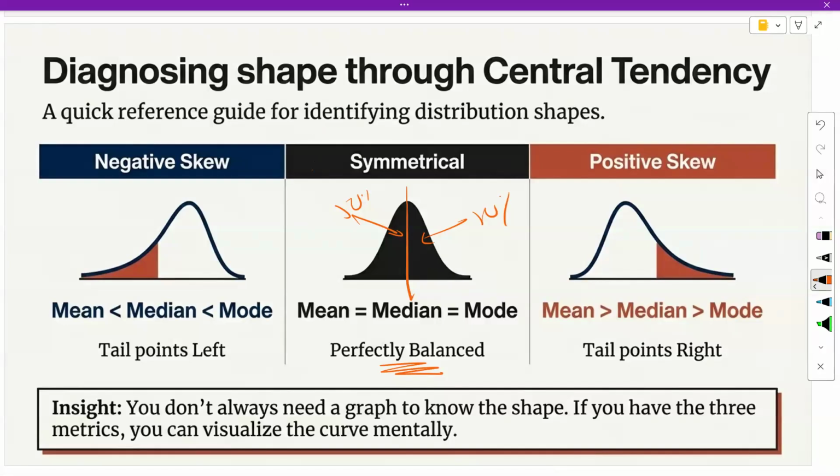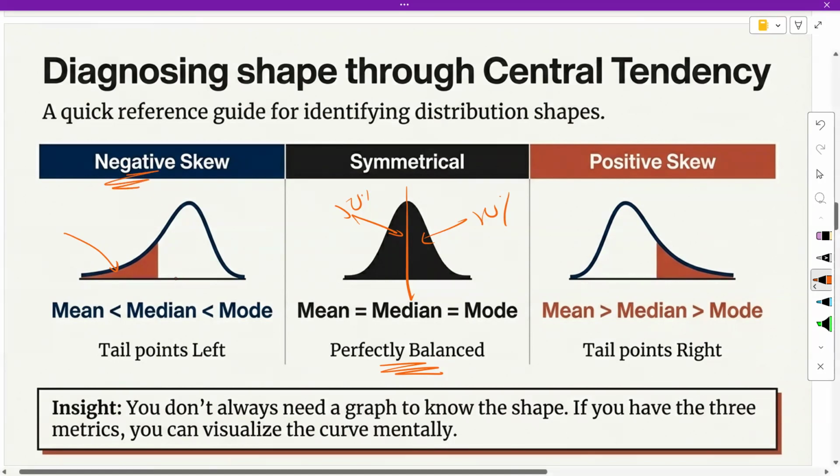A quick reference guide for identifying distribution shape. By looking at this, you don't need to calculate mean, median, mode. If your histogram and smooth frequency curve look like this, you can see the tail on the negative, left side. So this is called negatively skewed.